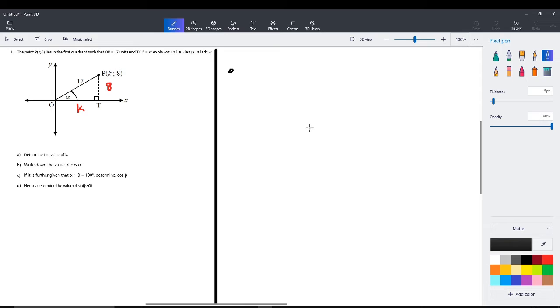According to Pythagoras, our hypotenuse squared is equal to a squared plus b squared, where in this case a is equal to x and b is equal to y. So 17 squared equals k squared plus 8 squared.